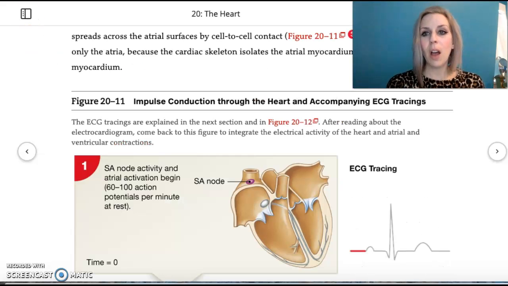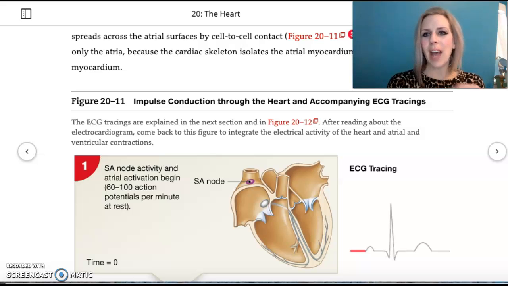So we're going to follow along here with the conduction through the heart starting at the SA node. And we're going to see the ECG or EKG tracings that will go along with it. Okay? Our ECG, or our electrocardiogram, is going to trace the electrical activity of the heart and trace the contractions of the atria and the ventricles.